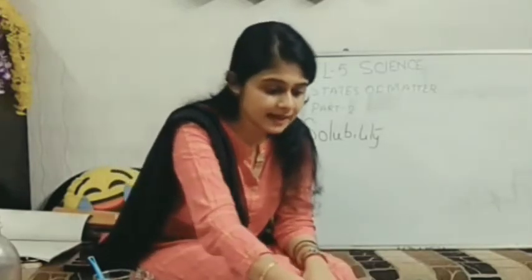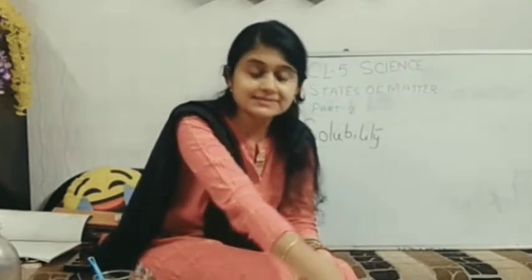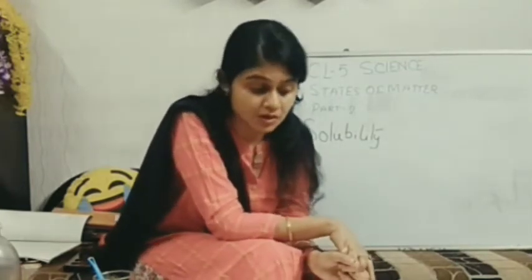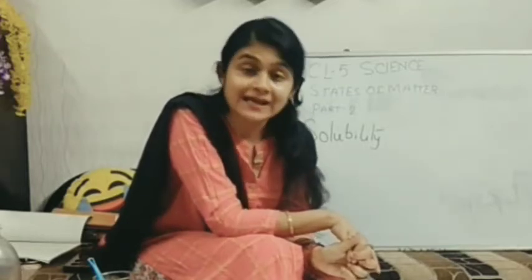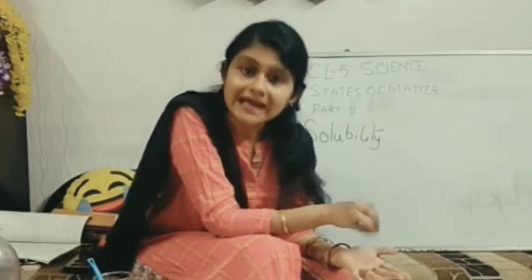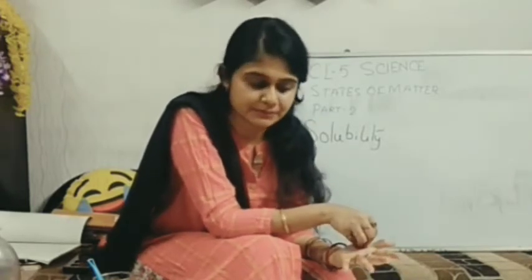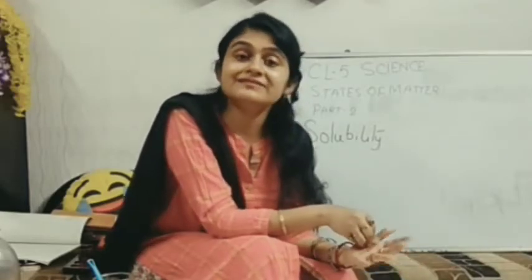Now, besides carbon dioxide, other gases like nitrogen and oxygen are also soluble in water. Aquatic animals. You will ask, ma'am, how is it possible? Aquatic animals are the best example because they breathe oxygen that is dissolved in water.